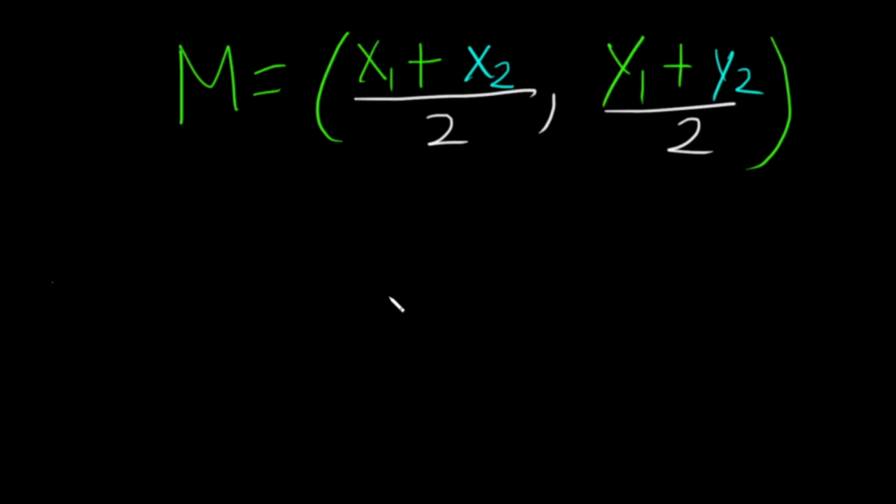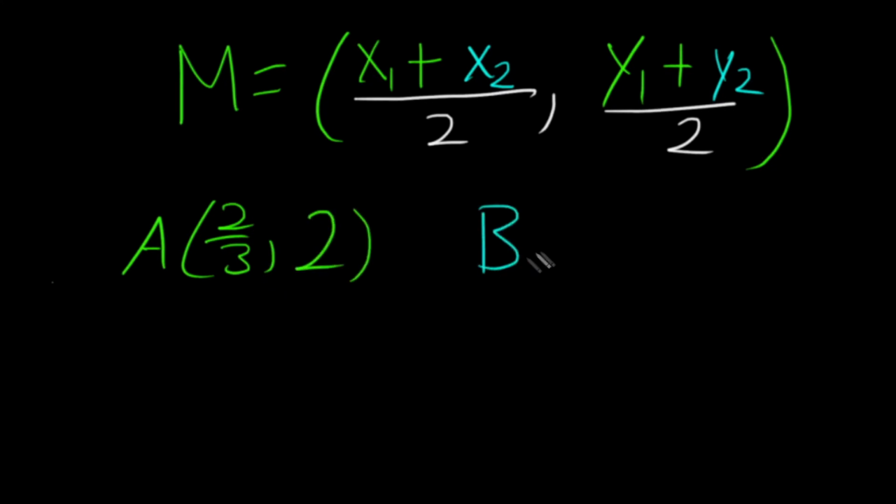Now what if the given points are made up of fractions, and we need to find the midpoint? Let's look at one of those examples. Let's say point A is at 2/3, 2, and point B is at 4, -1/5. Nothing has changed as far as the formula goes, so we'll just plug in, and we'll deal with these fractions in just a moment.